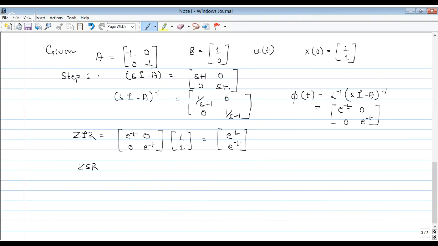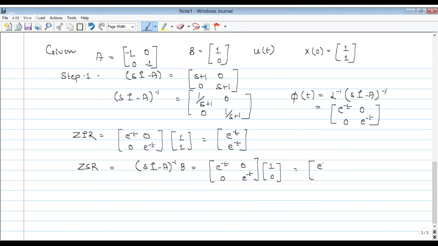For the zero state response, first of all, you have to take (sI minus A) inverse into B. How much will this become? It is 1 by s plus 1, 0, 0, 1 by s plus 1, into 1, 0.